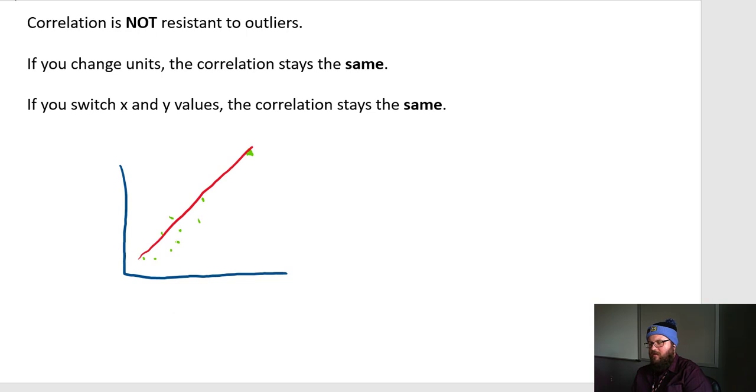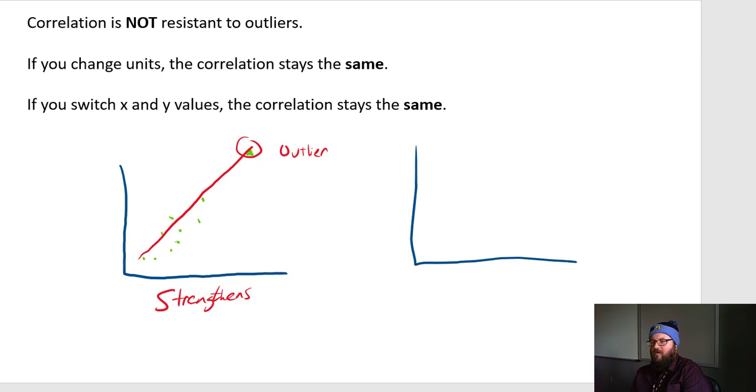Okay, so with that type of outlier, we can say it strengthens. With, let's say, another set of data, let's say we have an outlier way over here.